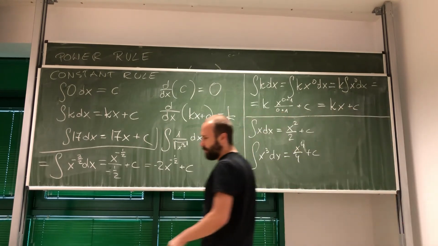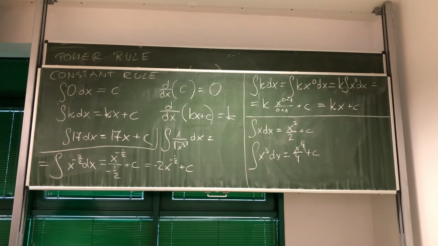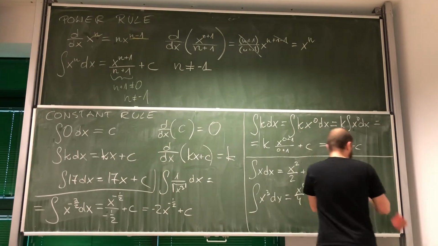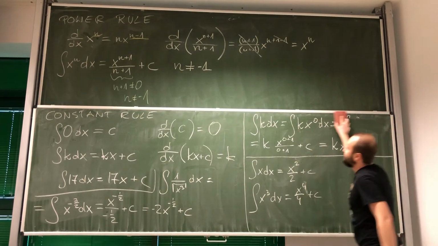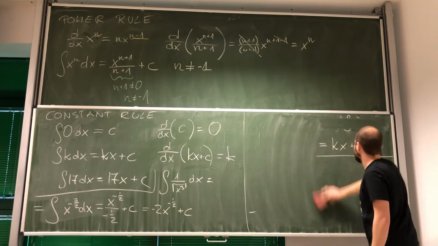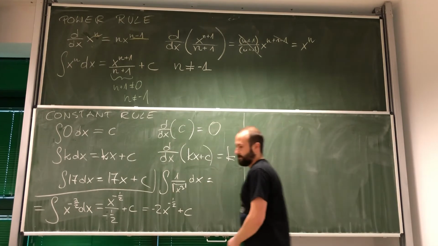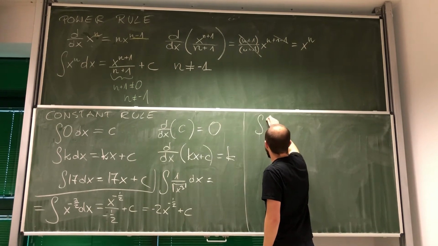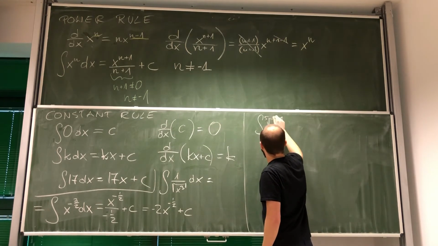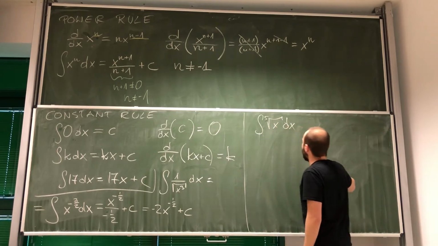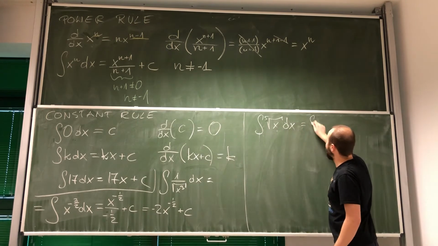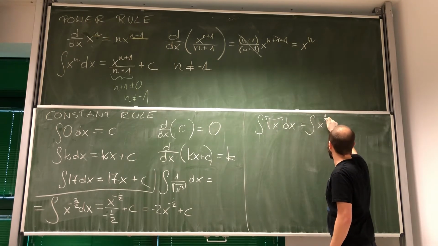Okay, let's try a couple more. I hope you're already getting a hang of it. So, what if we now have, for example, integral of the fifth root of x dx? Again, we need to change this into the power expression. So we got x to the power 1 over 5 dx.